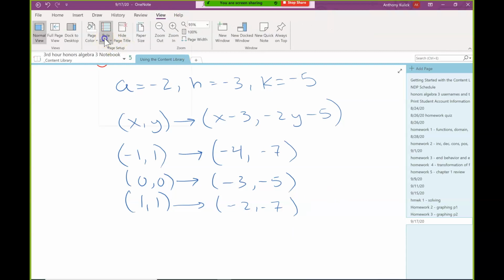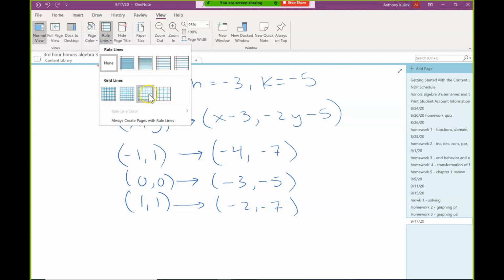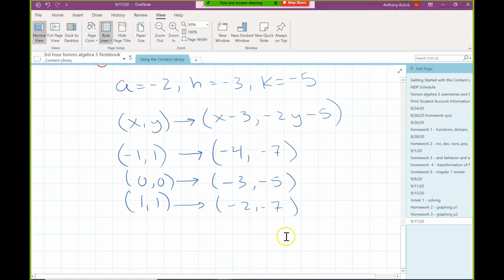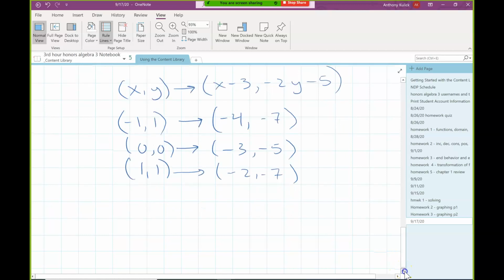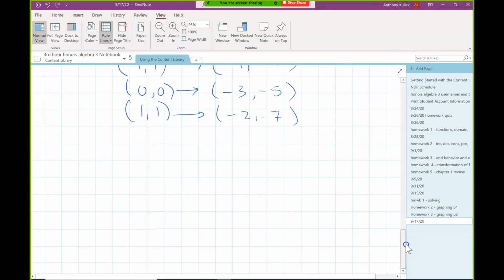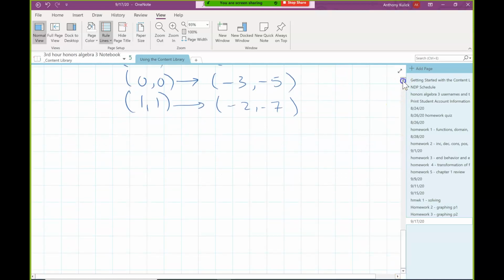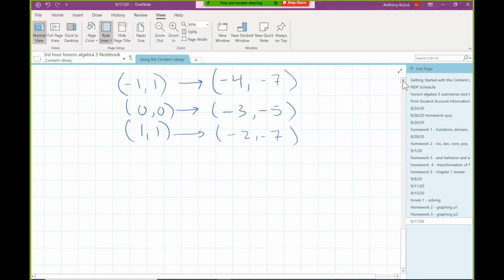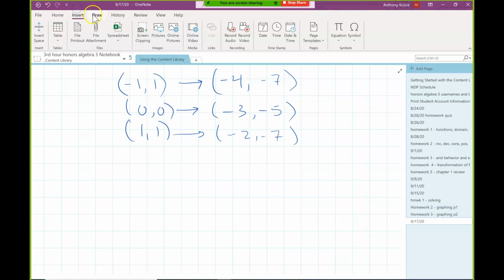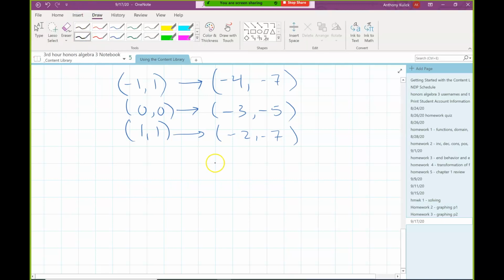Let's do this real quick. Pop in the grid lines for me, because we're going to graph this now. So I'm going to graph these points. I'll go by 2s since 7 is kind of a big number.